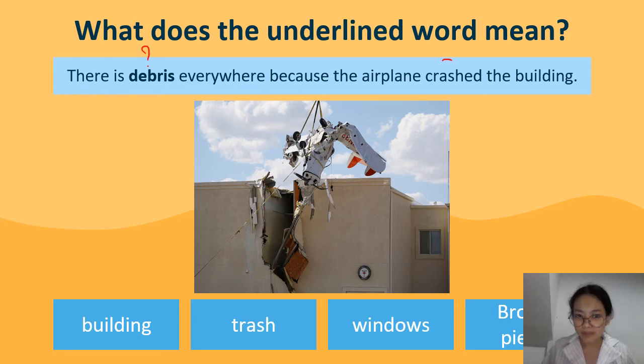Beauty. There is beauty everywhere because the airplane crashed the building. Not sure. Trash. There is trash everywhere because the airplane crashed the building. Do you think there will be a lot of trash if the airplane crashed the building?